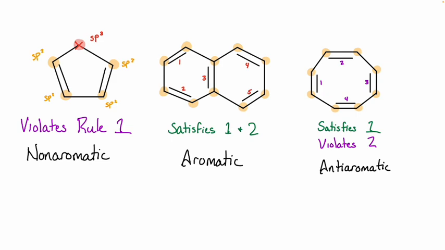Non-aromatic, meh, just a regular old conjugated diene. Anti-aromatic is bad. Anti-aromatic compounds are far less stable than you would predict based on just looking at this conjugated ring. You'd be like, oh, they're all conjugated, they're happy. No. We're going to see, for some reason, when you got that even number of electron pairs in there, it's terrible. It's way worse than you would expect it to be stability-wise.